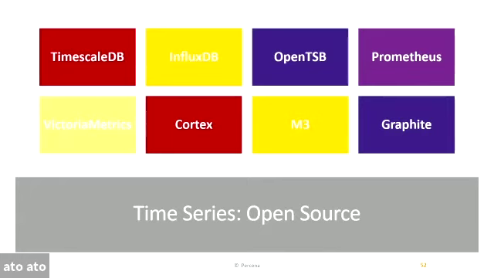And VictoriaMetrics is another one which I should mention. We use that in our Percona Monitoring and Management solution because it's more efficient than Prometheus, and it also has an open source version and can be run as a cluster, unlike InfluxDB, for example.